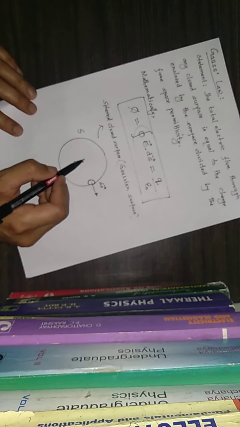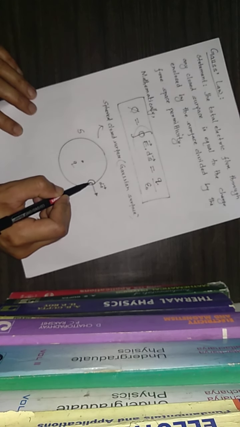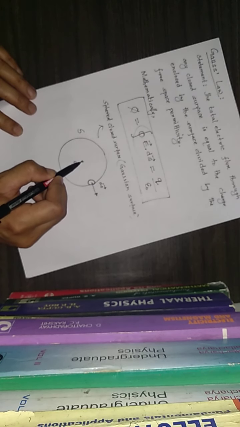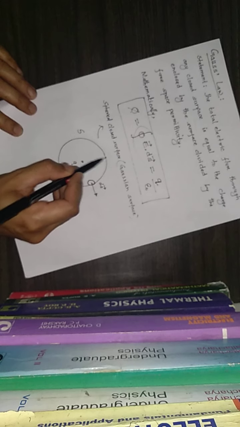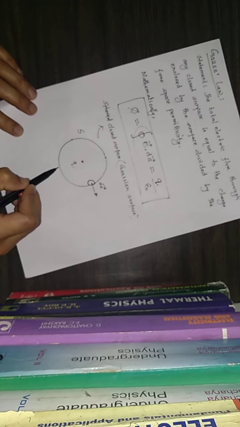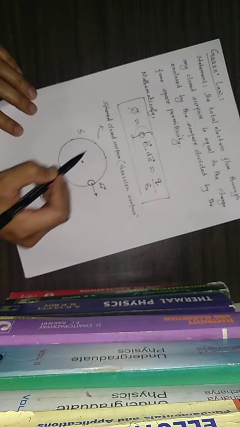Now we know that at this particular area, Q will contribute some electric field, or at every point on this area there is a net electric field flowing out of the surface.